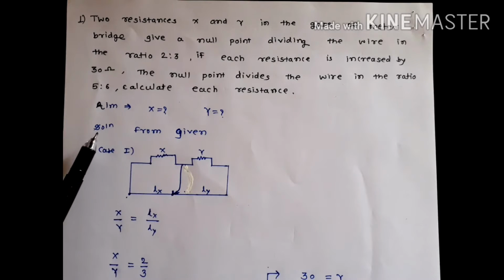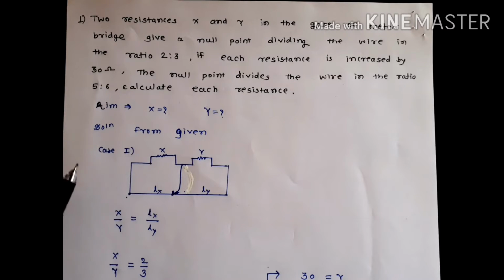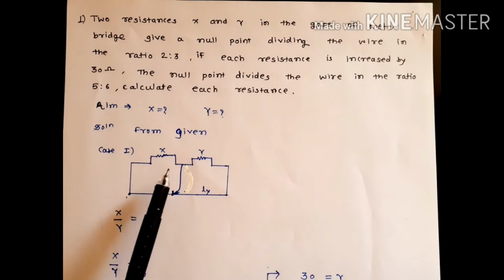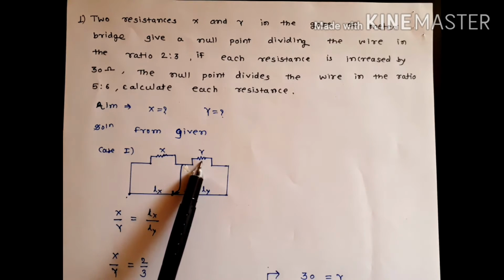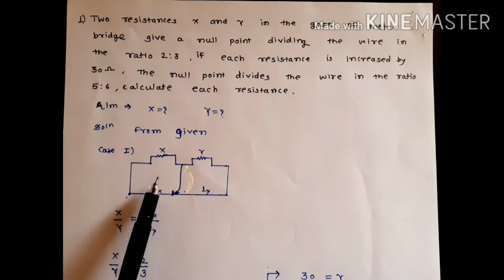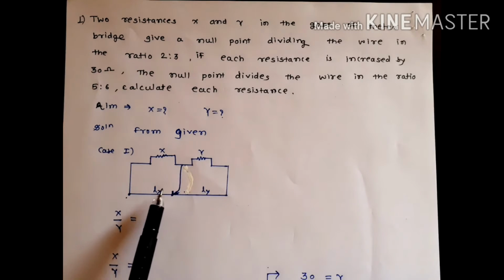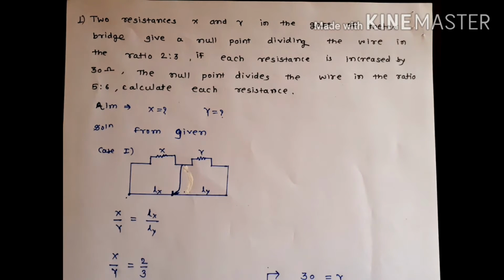Now, the solution. From the given case first, in the problem, see the first case. Now here, this is the rough circuit diagram of meter bridge. X is connected in the left gap of meter bridge, Y is connected in the right gap. Lx is the balancing length against X and Ly is the balancing length against Y on the meter bridge wire.